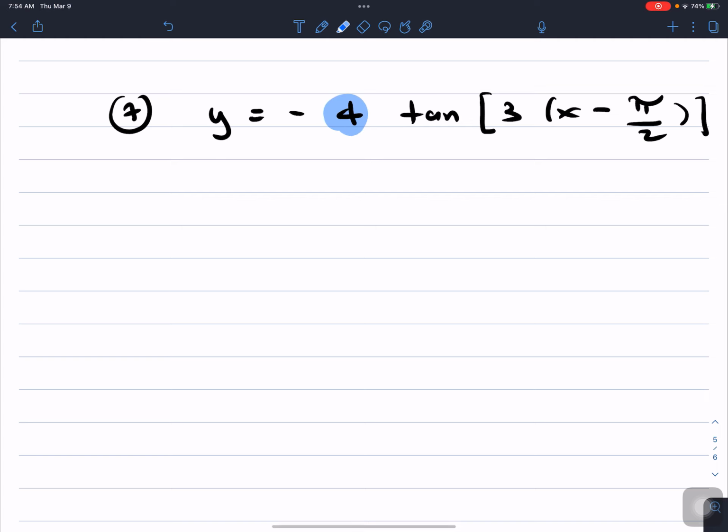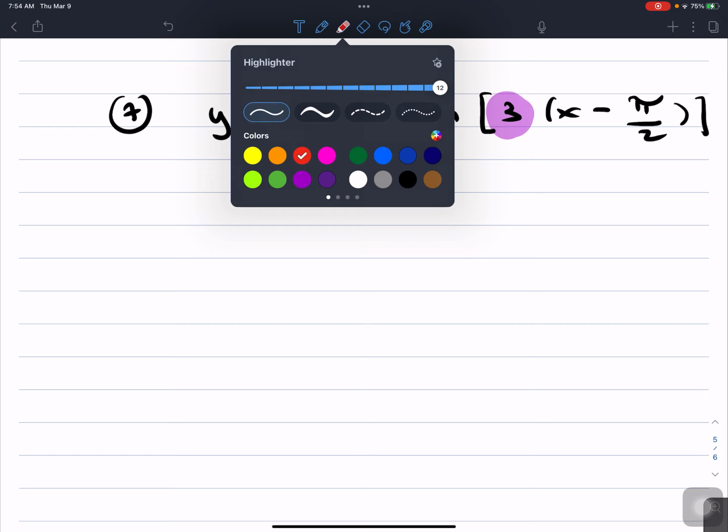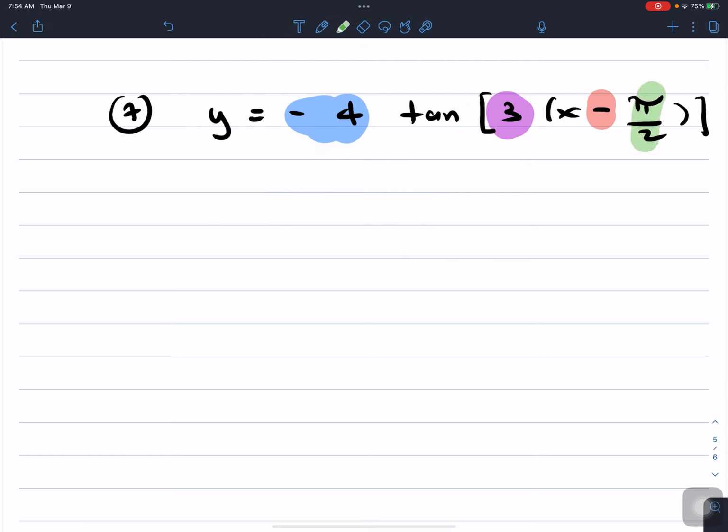All right, let's go through this. Since this is tangent, that's not an amplitude again, right? Tangent and cotangent do not have amplitudes, but that first number is going to be significant in the graph, where it's reflected about the x-axis. Now, what about the 3? What's that? K, good. And do you have a minus? Yes, that's great. What does that mean? B is what?